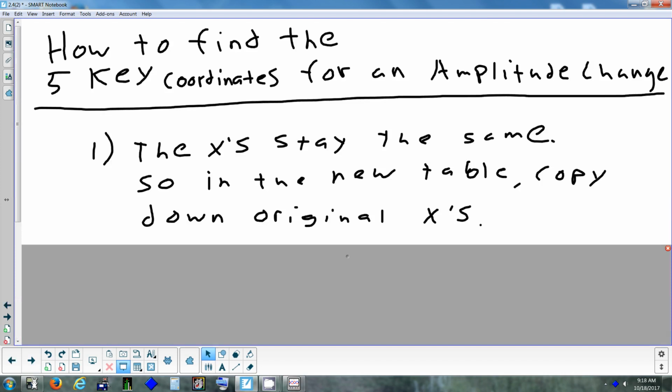It's always great when the x's stay the same, because now you don't need to mess around with the pi over 2, the pi, the 3 pi over 2, the 2 pi. What I just said is going to be the answer to your x values for every single problem we do today. 0, pi over 2, pi, 3 pi over 2, 2 pi. Every single problem in class, every single problem in the homework. That's what you should put in the x column for today.